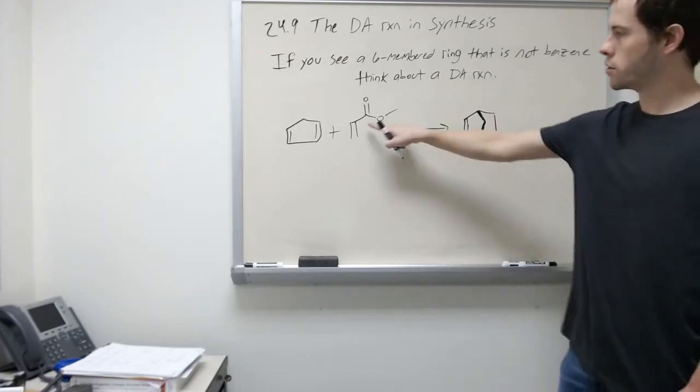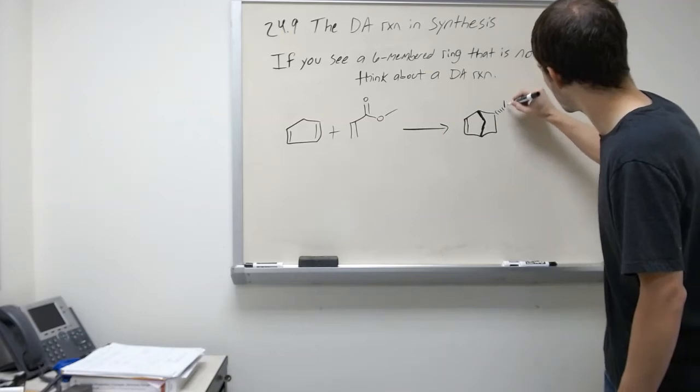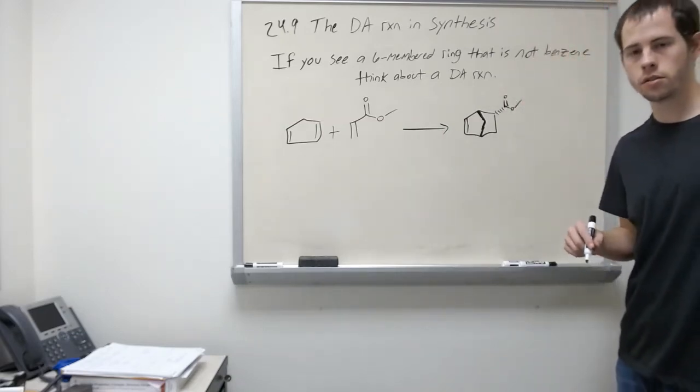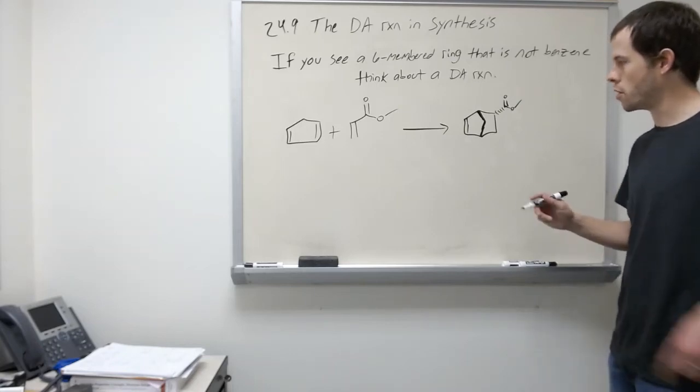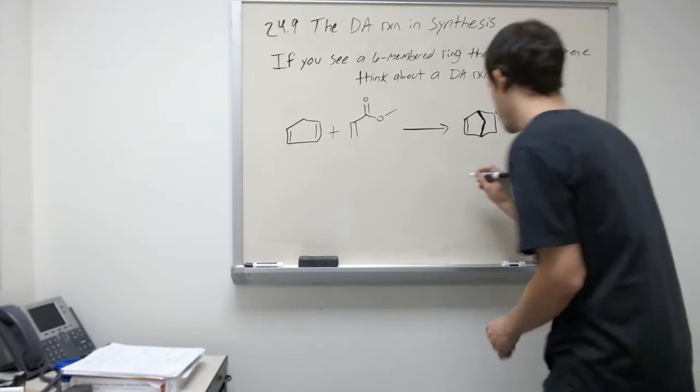And then remember that this group is going to like to be away from this so that there's not any steric hindrance. And then if we redraw this molecule, so this is a top view, if we draw it from a side view, then it looks kind of like this.